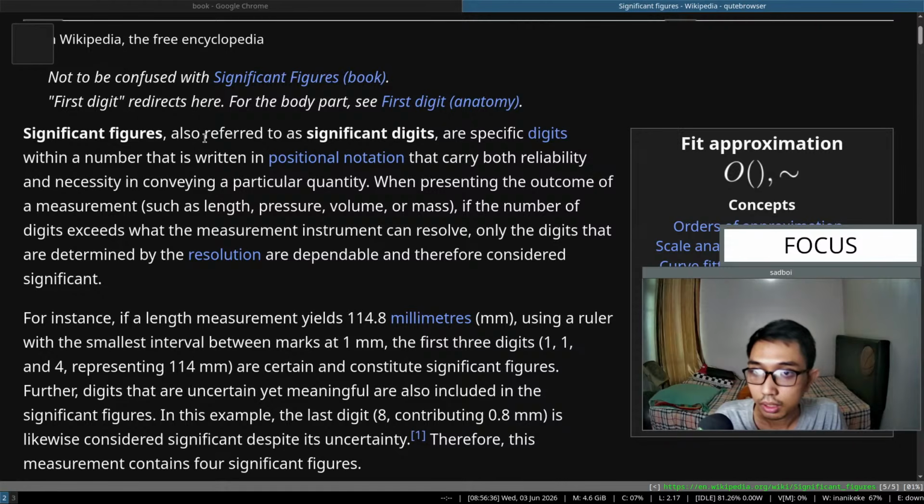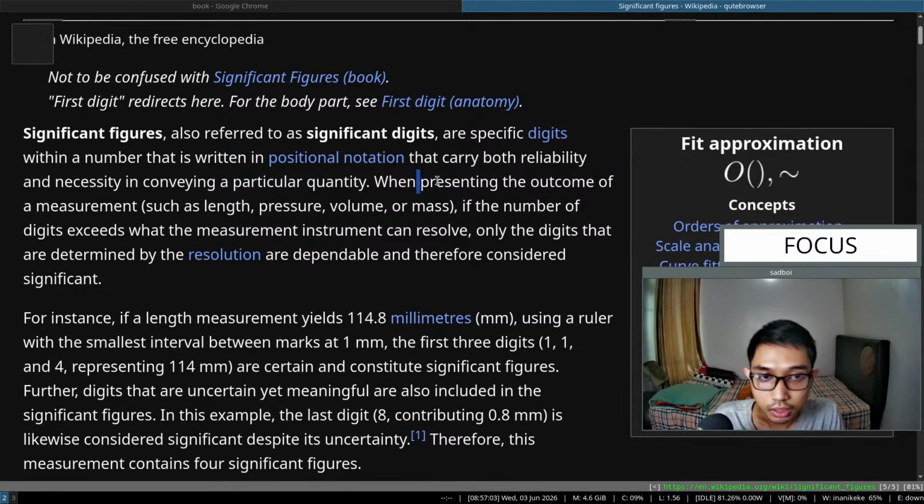Also referred to as significant digit. A specific digit within a number that is written in positional notation that carries both reliability and necessity in conveying a particular quantity.